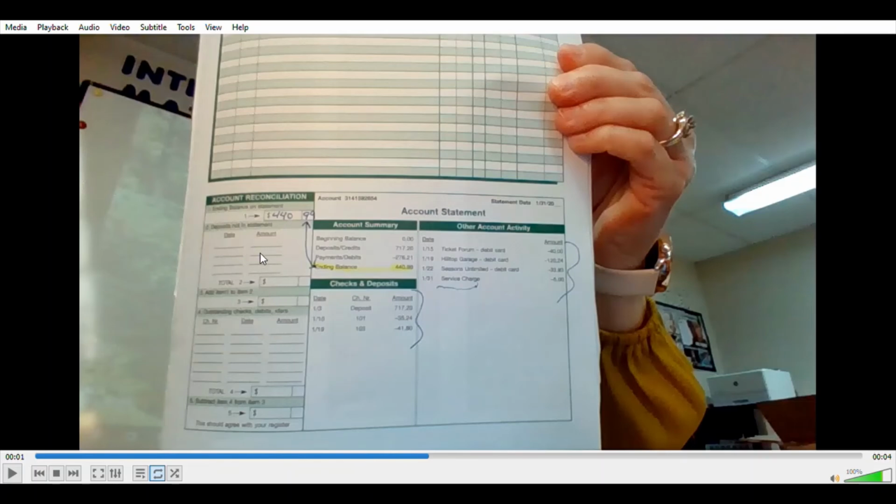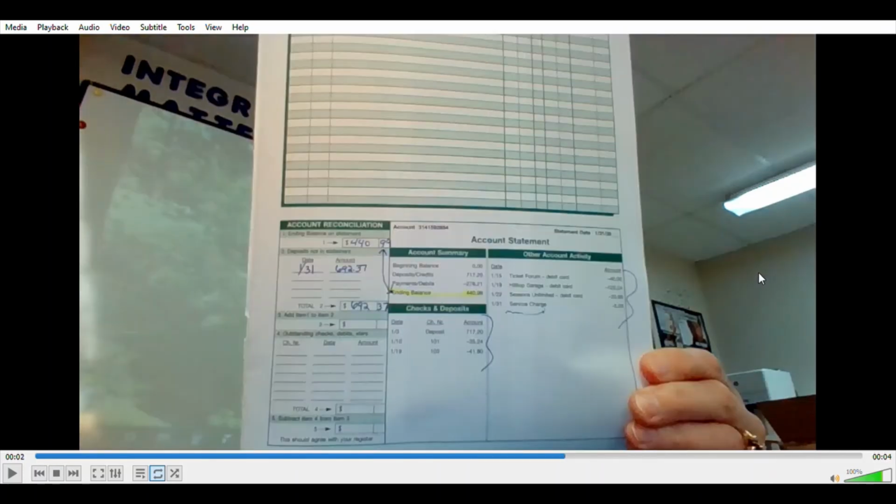Now, the next step is to put the deposits not shown in the statement. That goes back to that spreadsheet from the previous screen, where there was a deposit that did not have an X next to it, and it is going to be listed here. So as you can see here, step 2, deposits not in the statement.